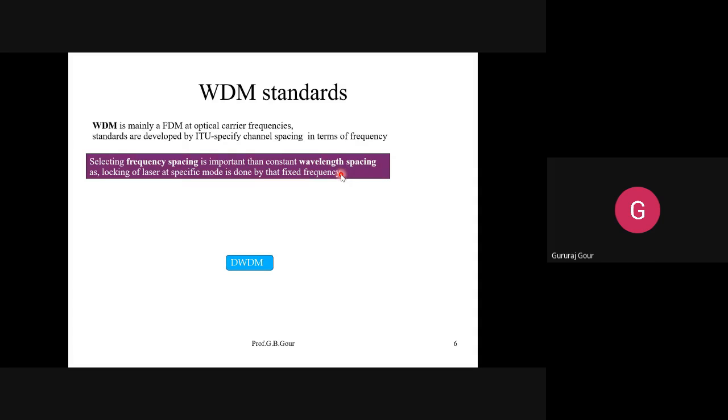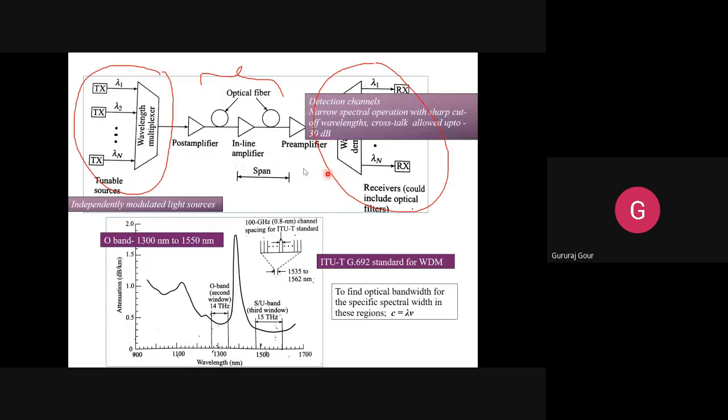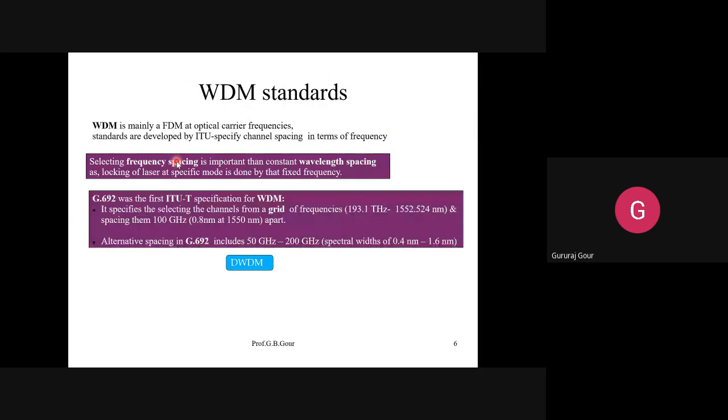So similarly we have to tune. That's why these are known as tunable sources. Each one is tuned with a particular carrier frequency. So the first standard we get under this WDM is G.692, defined by ITU-T, Telecommunication Union, for telephony.